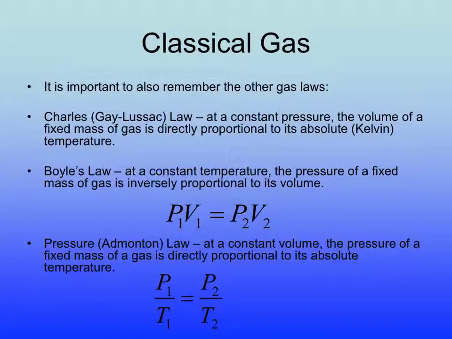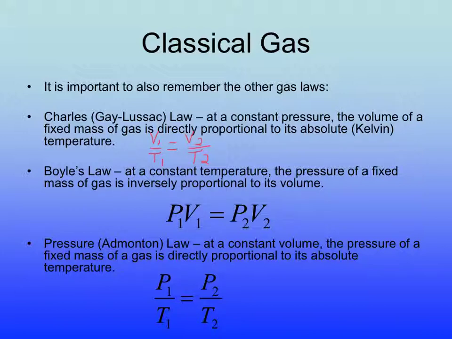Now, this PV over T, pressure, volume, and temperature relationship, leads us to our other gas laws, which hopefully, again, we remember from chemistry. The first one, which is Charles' law, we don't actually have written here, but this is V1 over T1 equals V2 over T2.